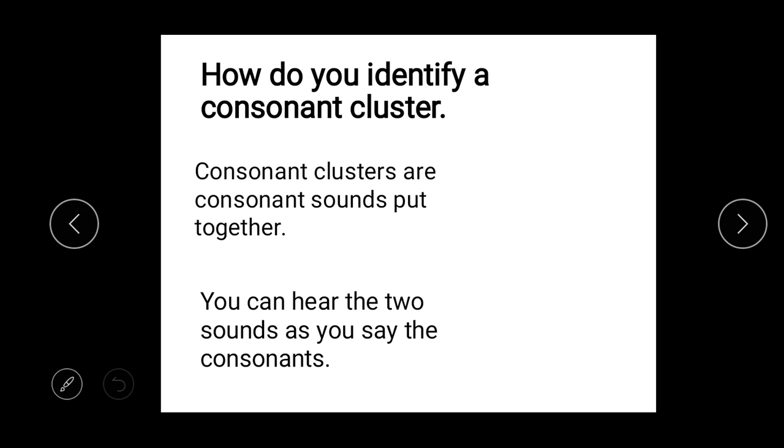And so let's remember that in our previous nursery classes we learned about consonant sounds.